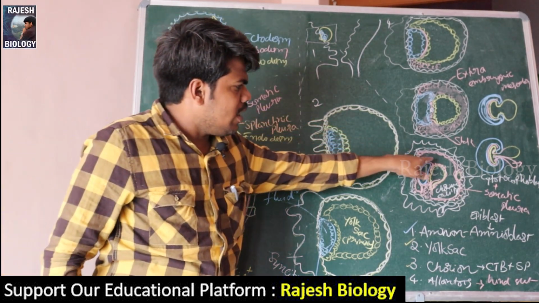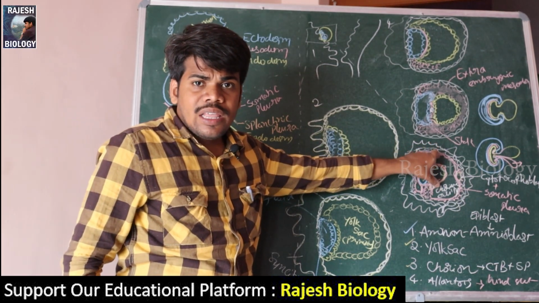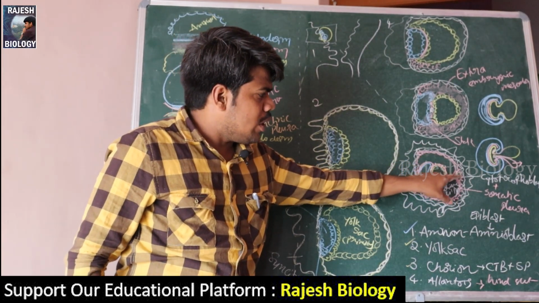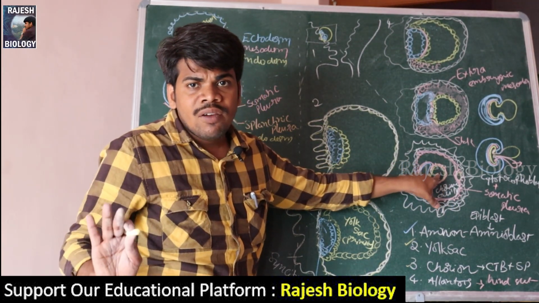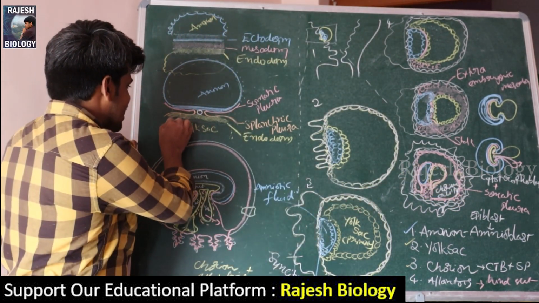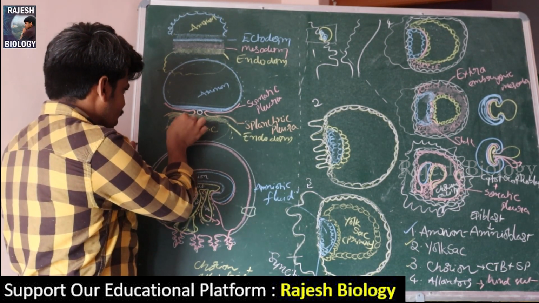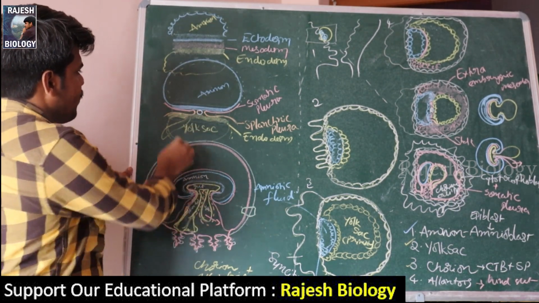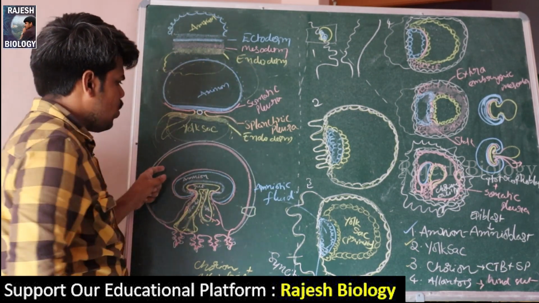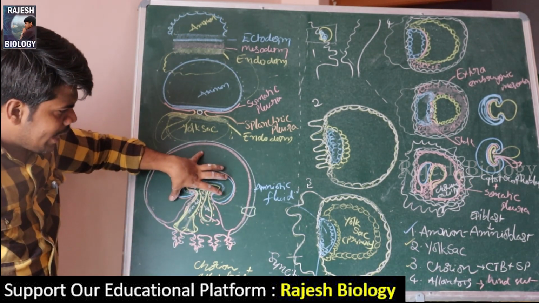Later, when the mesodermal layer forms and the chorionic cavity develops, the primitive yolk sac is converted into the secondary yolk sac, which is not the main functional yolk sac. So the yolk sac is developed from the endoderm. From the endoderm gut there is the allantois, and the mesoderm spreads in all directions and forms the chorion.